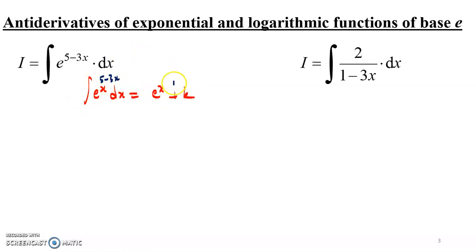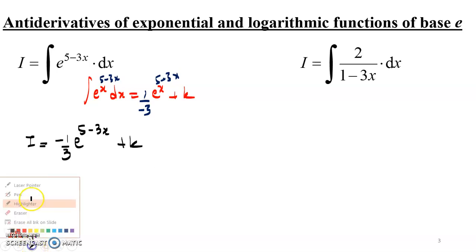So in our antiderivative, wherever we have x, I replace it by 5 minus 3x, but I do not forget to divide by a, where a is the slope of the linear expression here. So it's negative 1/3. Now, putting that into I, I would actually be negative 1/3 times e to the 5 minus 3x plus k, and that is using the compound formula.